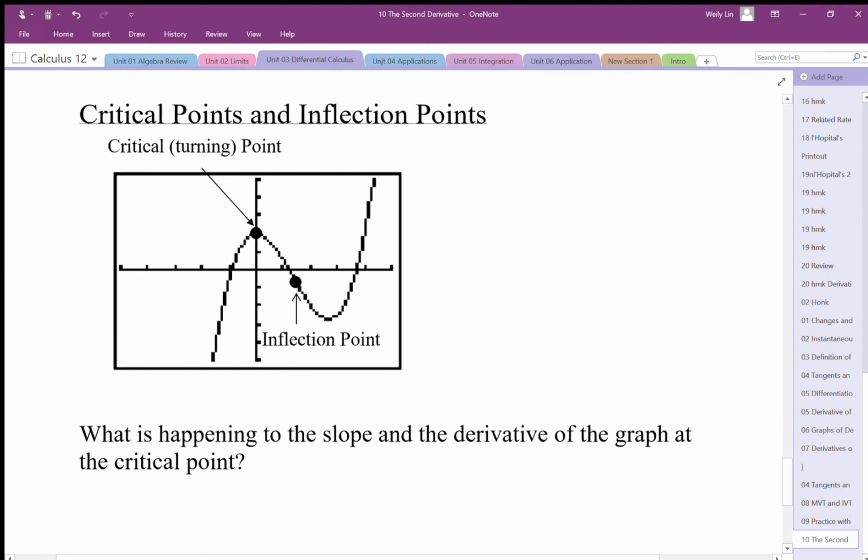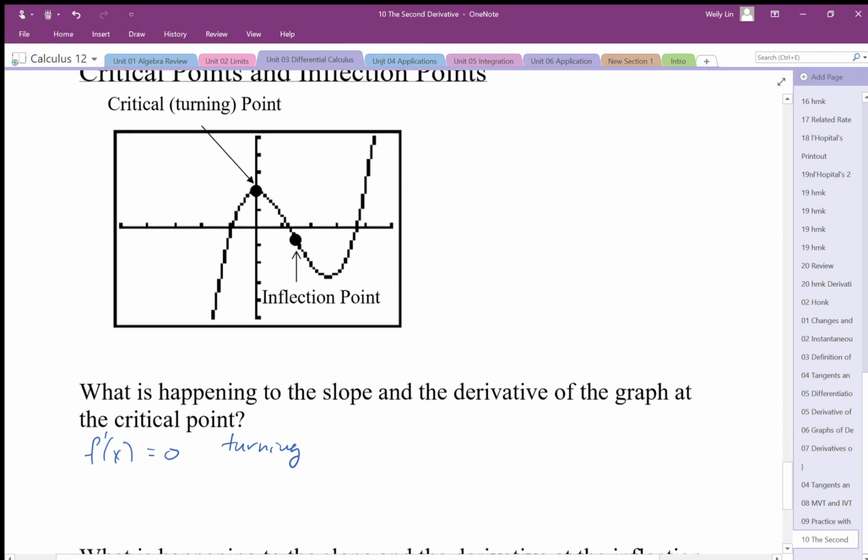So what's happening to the slope of the derivative at the critical point? Well, at the critical point, f prime equals 0 at the turning point. Okay, so we're giving it lots of different names. So it's a max, min, turning point. Okay, so that's a turning point.